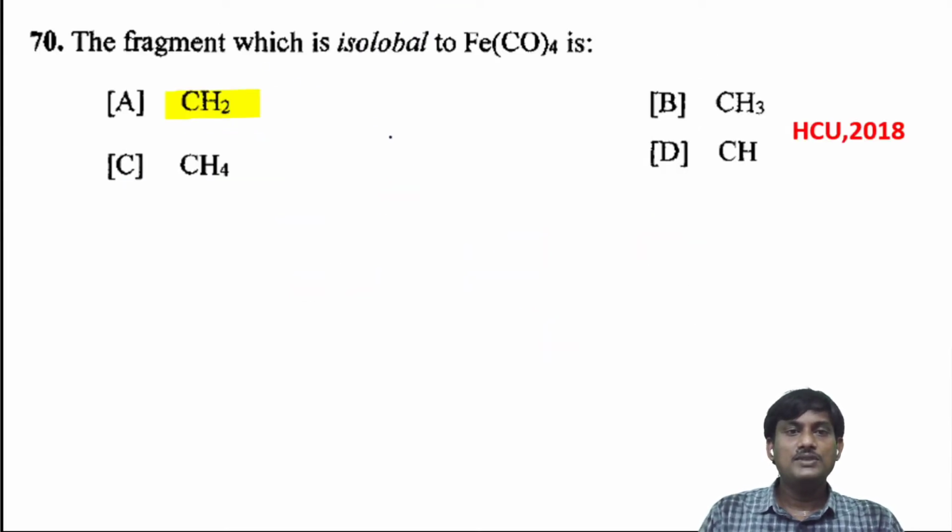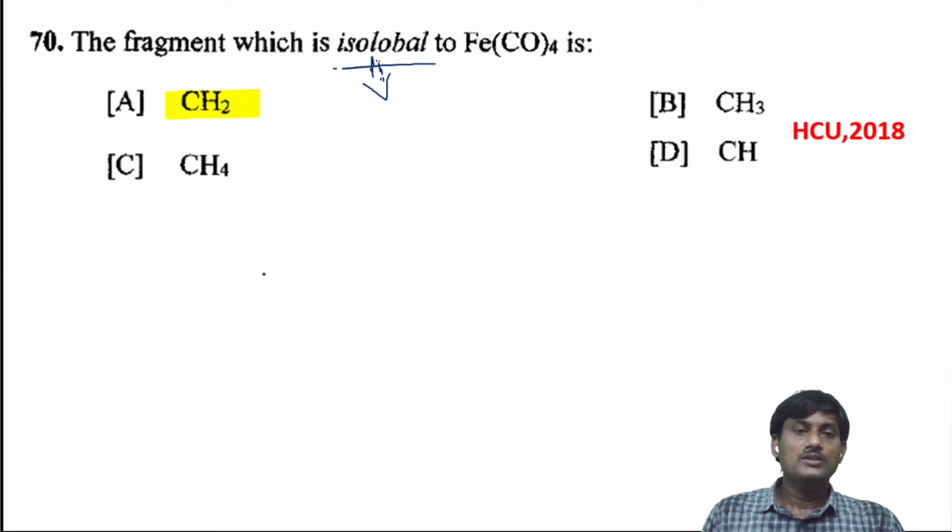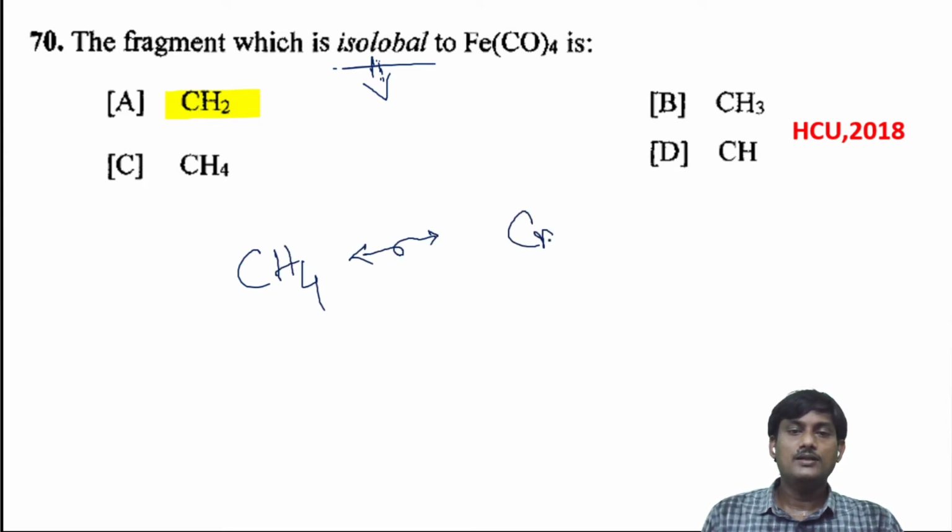The fragment which is isolobal to Fe(CO)4 minus. This isolobal analogy connects inorganic molecules with organic molecules. It connects inorganic with organic in a structural way. Suppose we take CH4, this one is isolobal with Cr(CO)6.